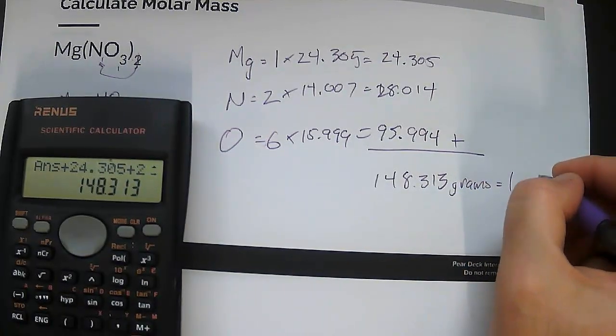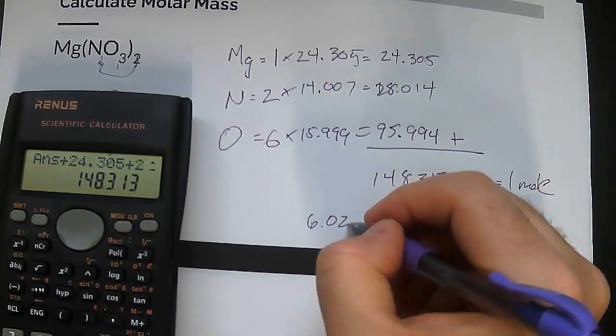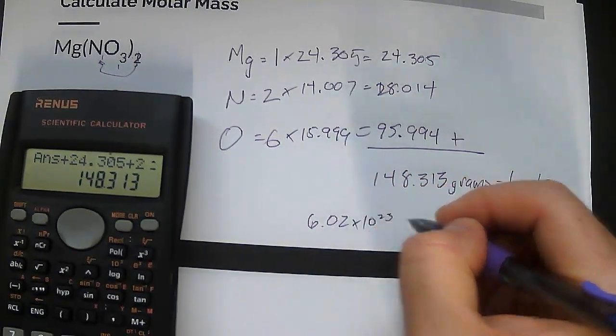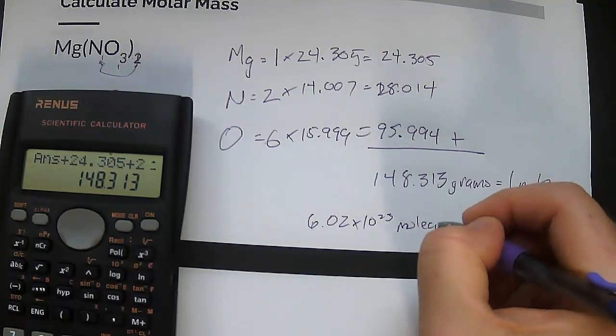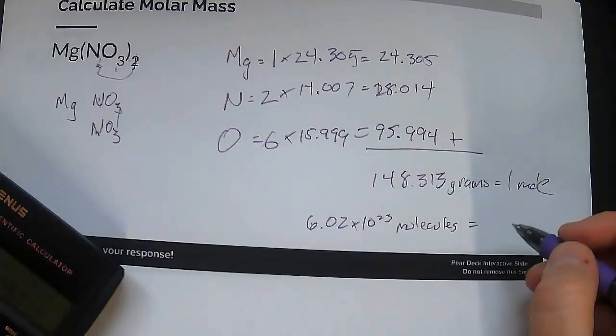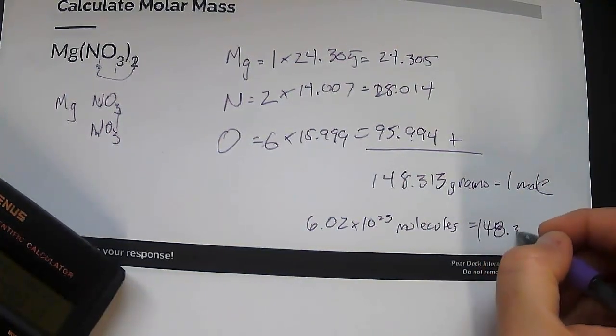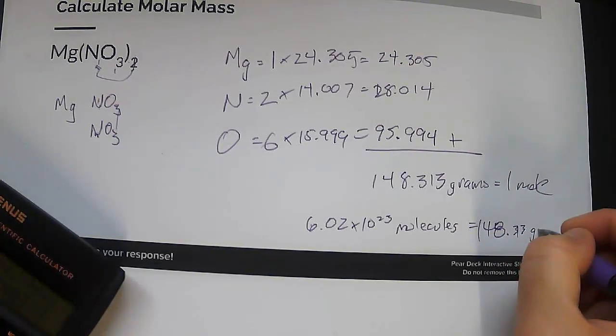So what we're saying is 6.02 times 10 to the 23rd molecules of this compound is going to equal 148.313 grams.